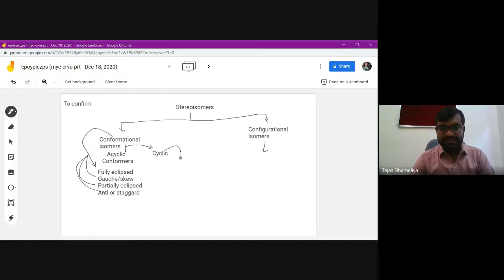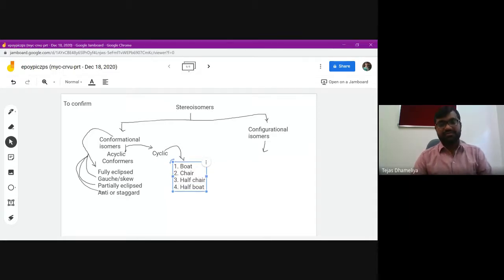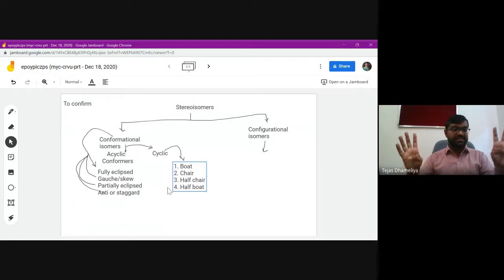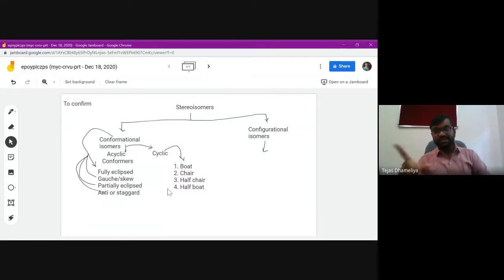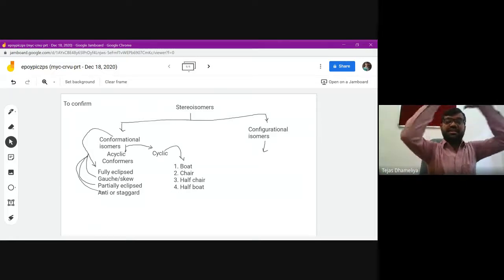So what are they? Number one can be boat, second it can be chair, third it can be half chair, fourth it can be half boat. So these are the four examples of cyclic conformational stereoisomers.